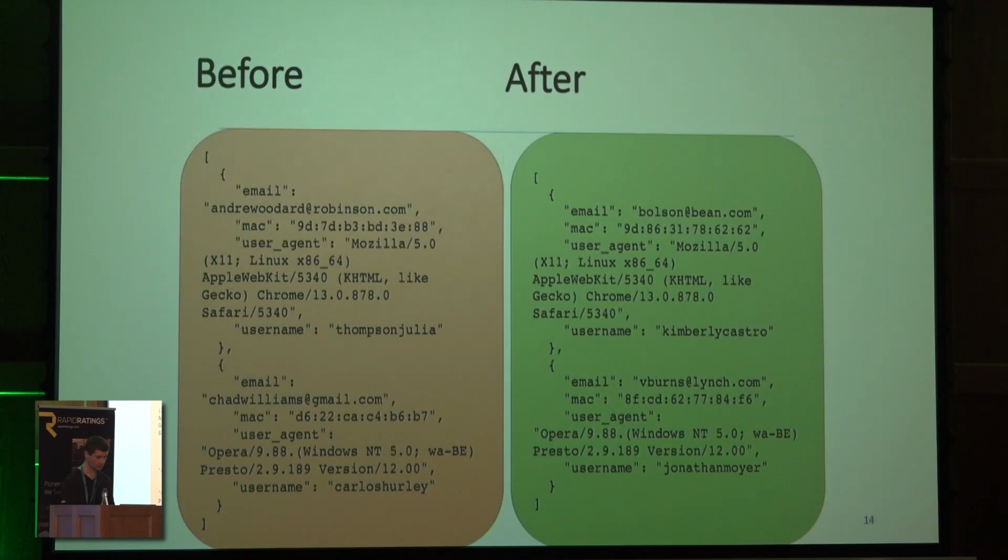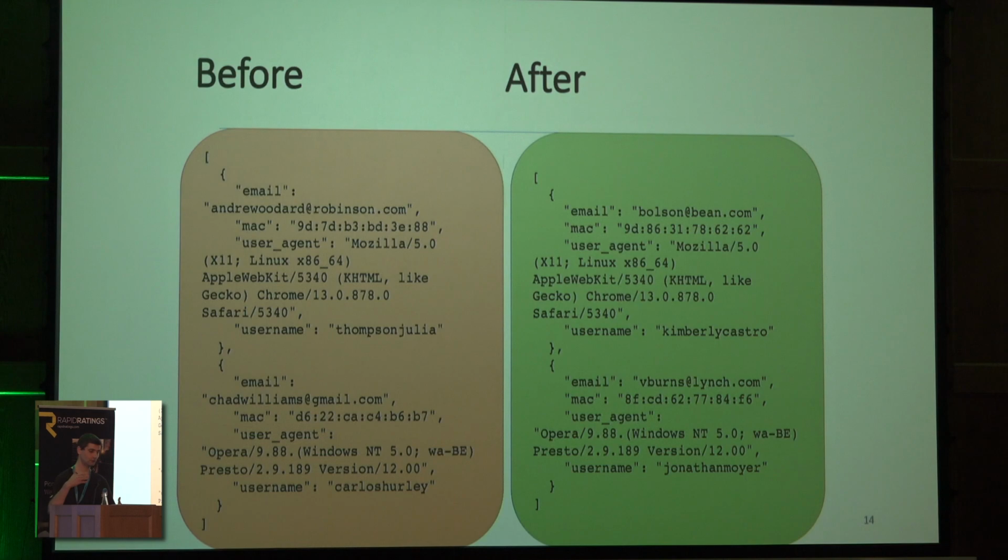Now if we look at some sample data, on the left-hand side we have the data before anonymization, and on the right-hand side the data after anonymization. We can see that the email addresses have been changed, the MAC addresses have been changed, and the usernames have been changed.